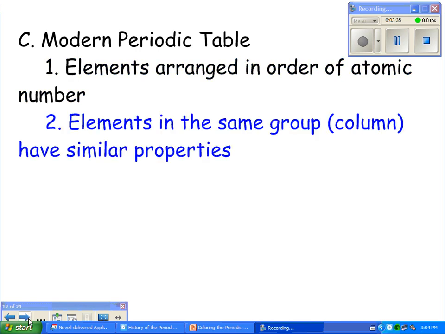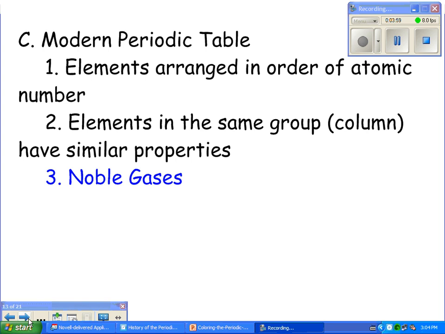have similar properties. The very last column on the periodic table is called the noble gases. These were very difficult to discover. They were all gases, hence the name noble gases, and they also don't react with other things.